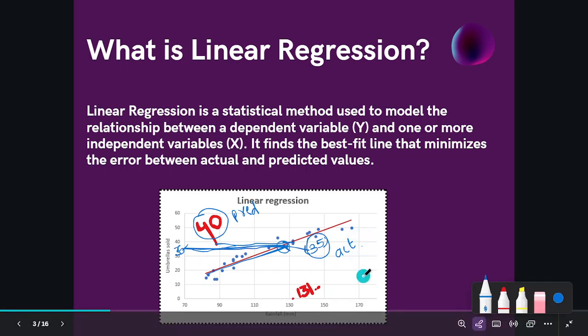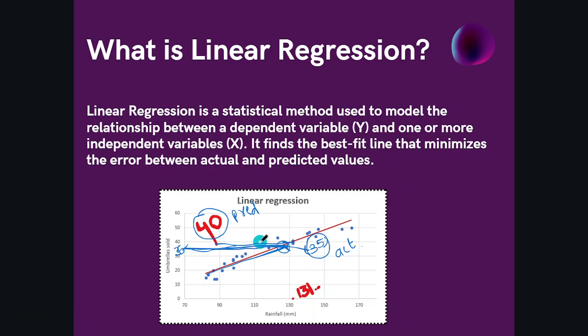So the best fit line is the one which minimizes the error between actual and predicted values. Now what is the error? Error is basically the difference between the actual and predicted value. Here what is the difference? 40 minus 35, the difference is 5 units.